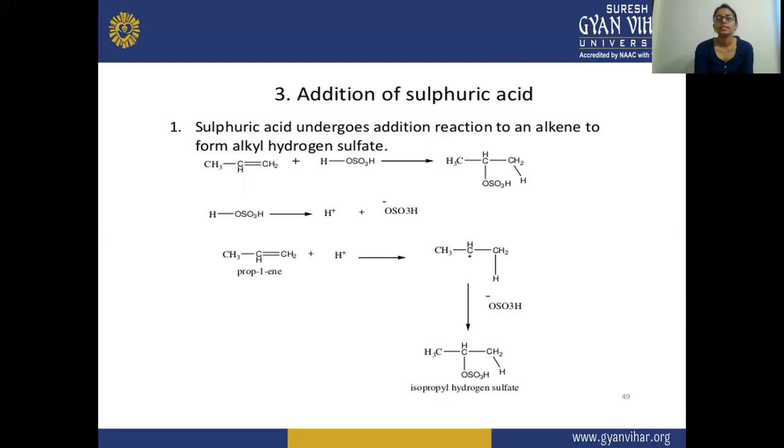So here you can see that this sulfuric acid will undergo fission into H positive and OSO3H negative, and when propene reacts with this H positive, there is a formation of a carbocation on the second position of the carbon atom, and this OSO3H will react with this positive carbocation. So here there will be a formation of isopropyl hydrogen sulfate.